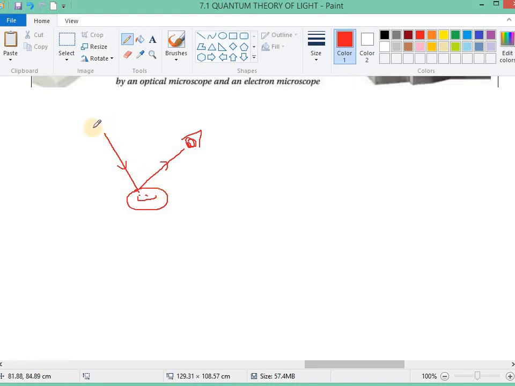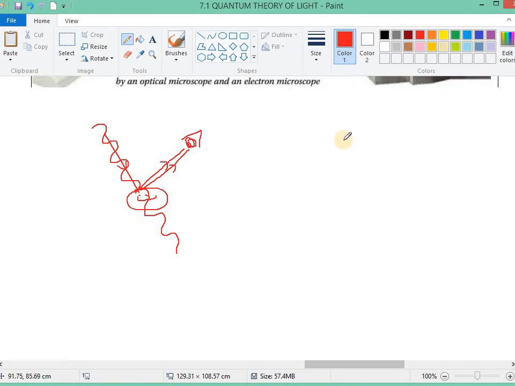But because the wavelength of the light is quite big, what happens is only a small part of the light is being reflected, while a lot of the light can diffract and just pass over the small object, which is the red blood cell. So if that is the case, that means you cannot see the red blood cell in very high detail. That means that small detail of the red blood cell you cannot see clearly. So this means that you cannot have a very big magnification.